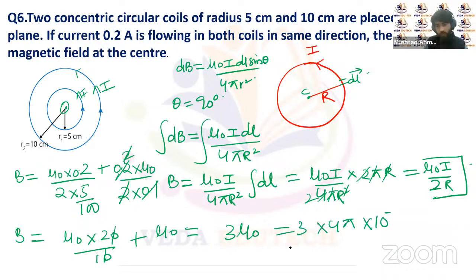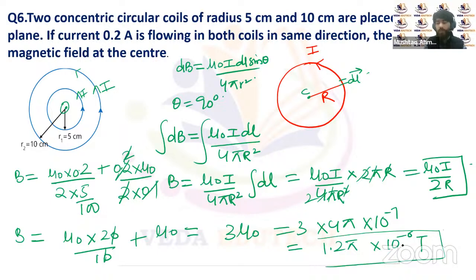So the net magnetic field here will be 1.2 pi into 10 to the power minus 6 Tesla. This will be the net magnetic field at the center of these two concentric circular coils.